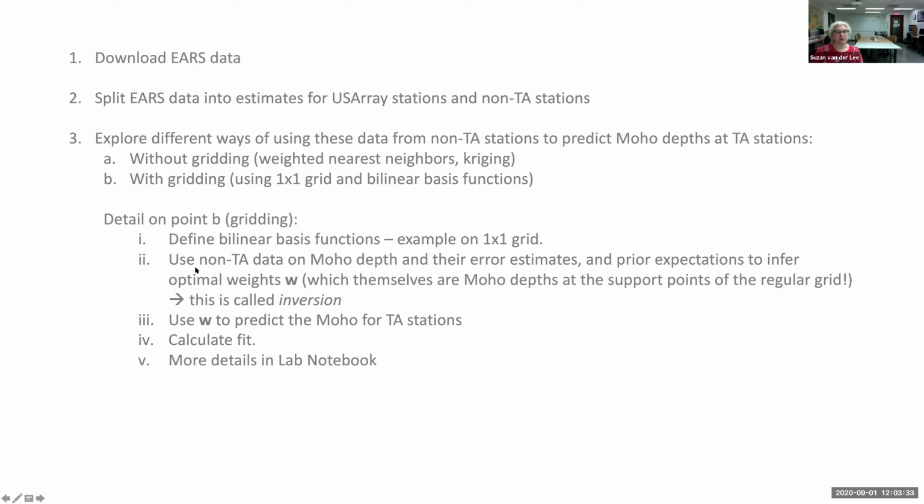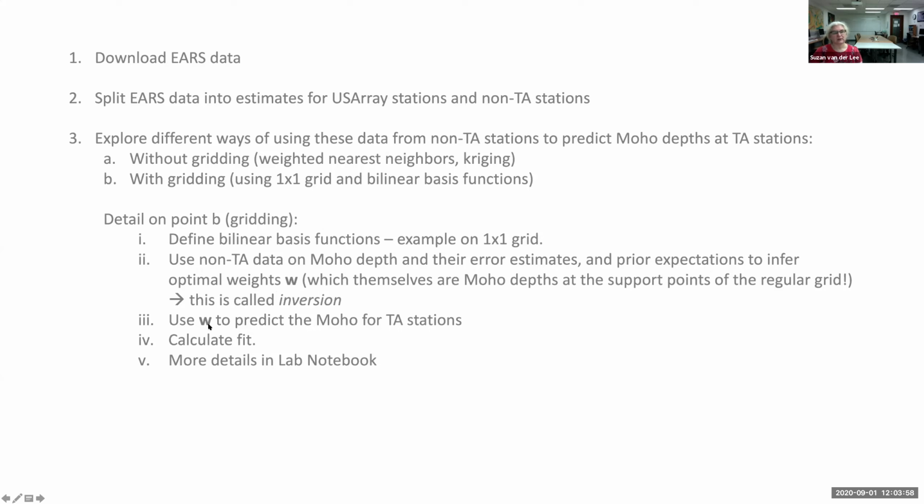We're going to use the non-Transportable Array data and their error estimates to weight them properly, as well as prior expectations for the Moho, which we simplify to saying, well, the Moho should be 40 kilometers unless we have an estimate that says otherwise. And then we're going to infer optimal weights. And that is the inversion that we're going to do.